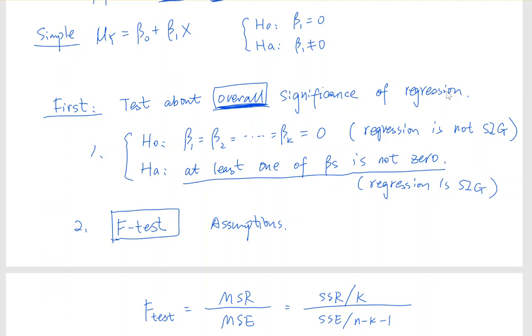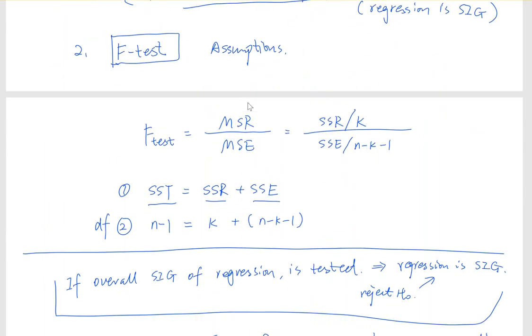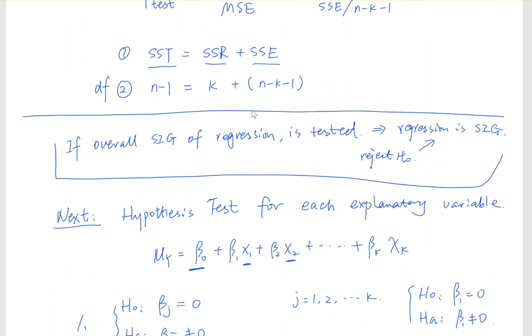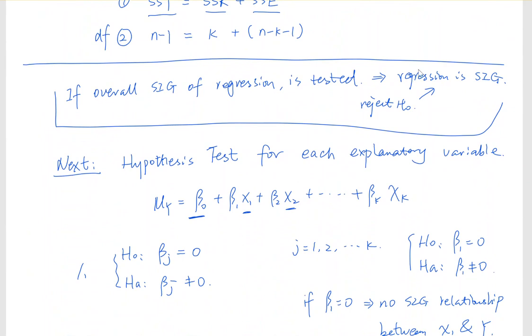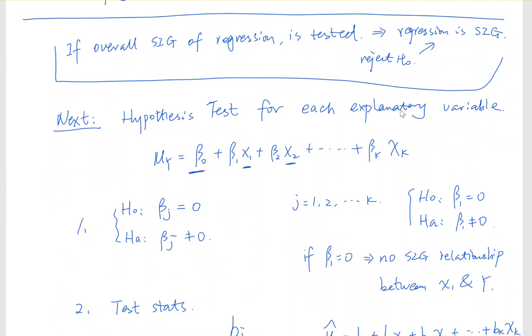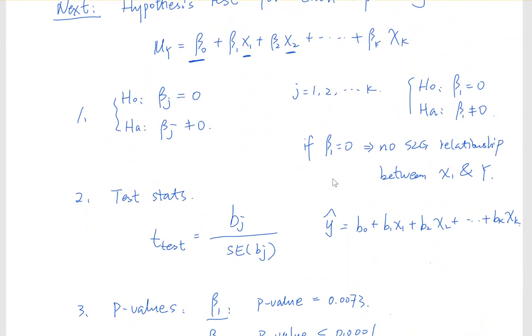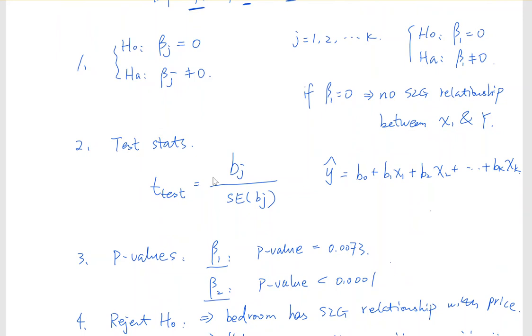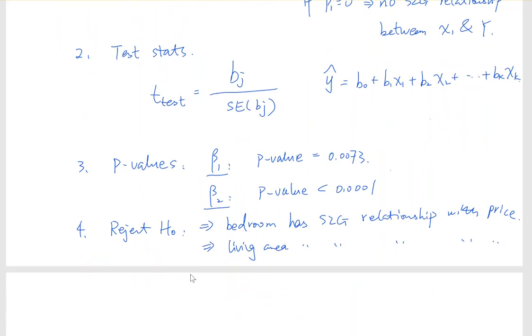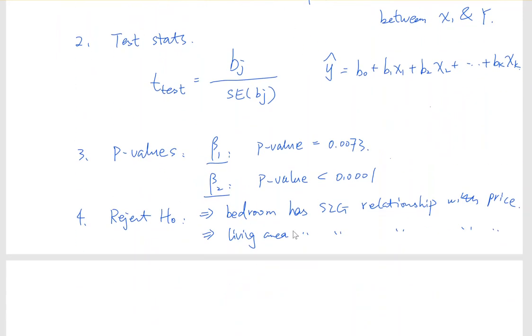If you reject the null hypothesis, then the regression is significant. Then you can test each explanatory variable, beta 1, beta 2, up to beta k, and use the test statistic and p-value to make the conclusion.